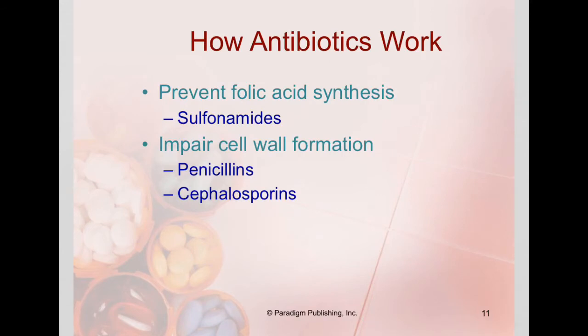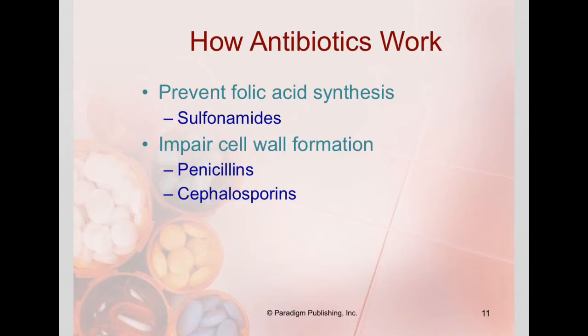Antibiotics work in different ways, depending on what kind of antibiotic it is. Sulfa antibiotics prevent folic acid synthesis, and the folic acid synthesis is needed to help make the DNA. So if the bacteria can't reproduce its DNA, then it can't replicate.